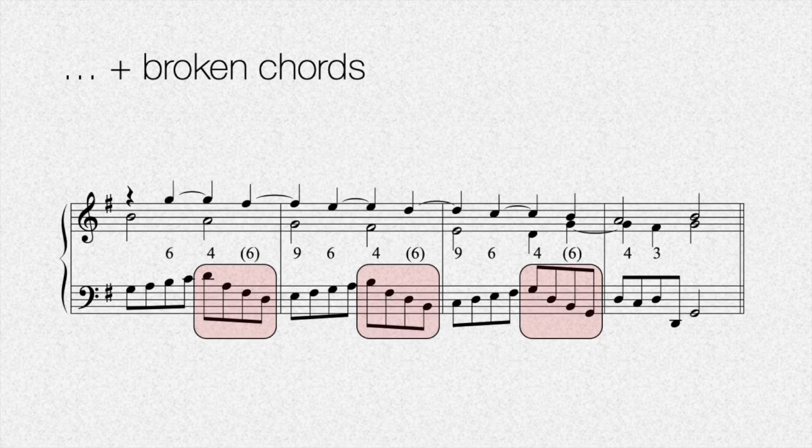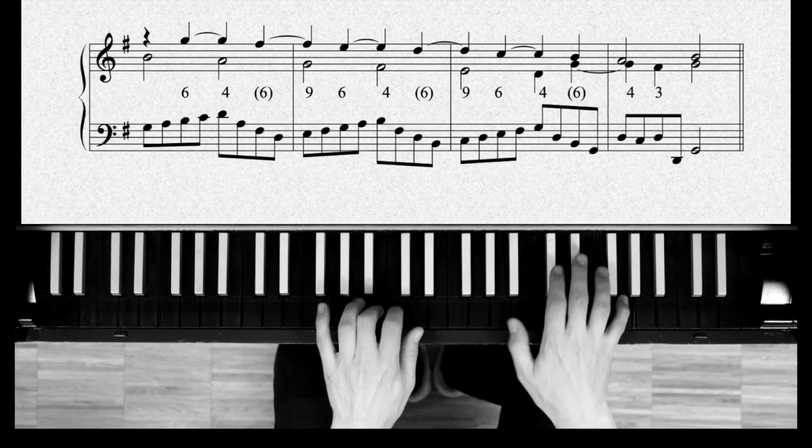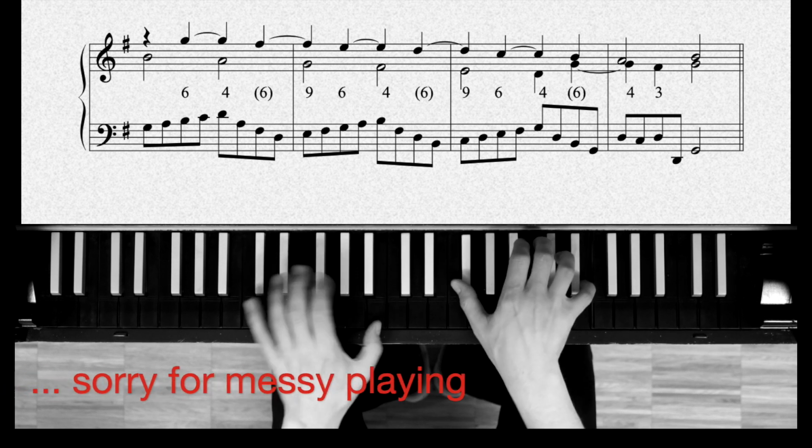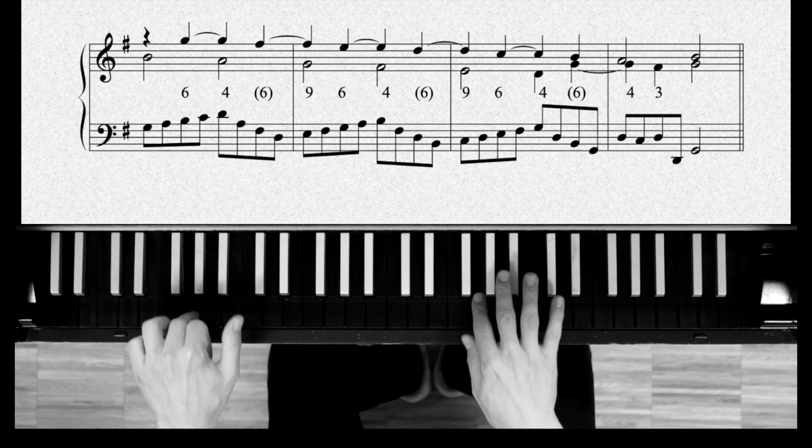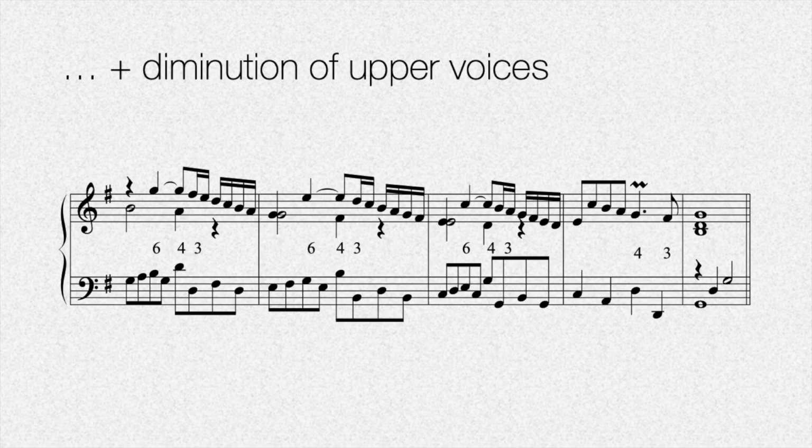This one integrates broken chords, and this time I demonstrate the possibility of exchanged upper voices. Now I want to show at least a single exemplary diminution of the upper voices that's based on the suspension scaffolding. The bass line is a slightly varied version of the previous one.